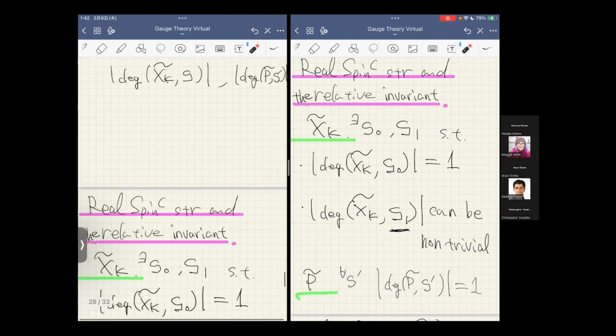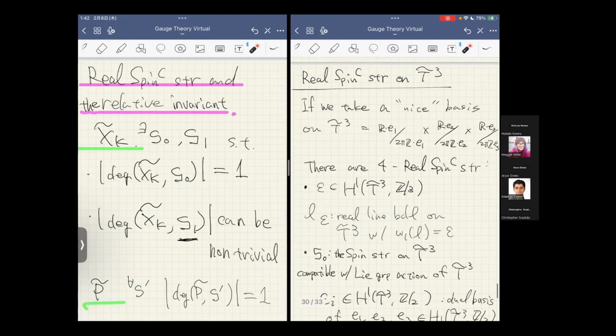So let me explain real spin^c structures and the relative invariants of these four-manifolds. On X_K tilde, there are two real spin^c structures. For one real spin^c structure, our invariant always equals 1, and for the other, our invariant can be non-trivial.